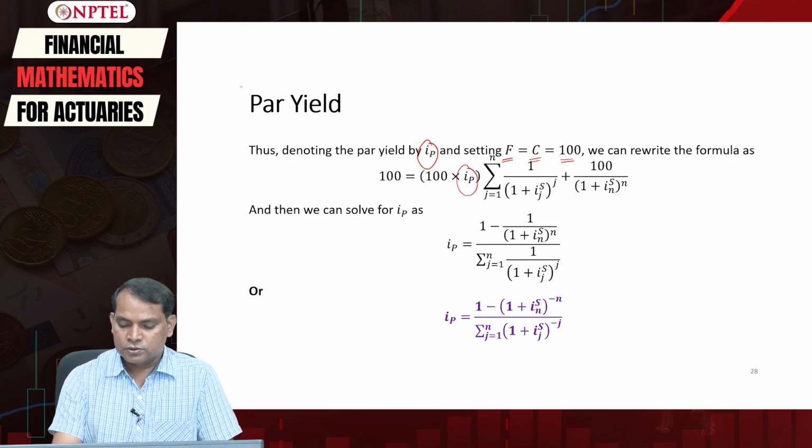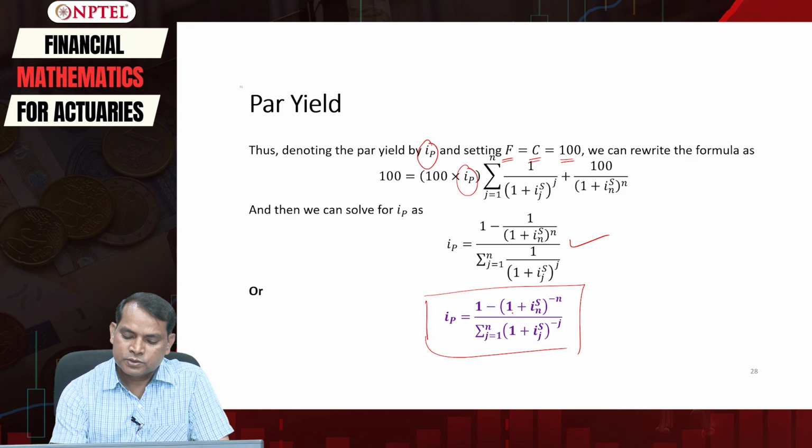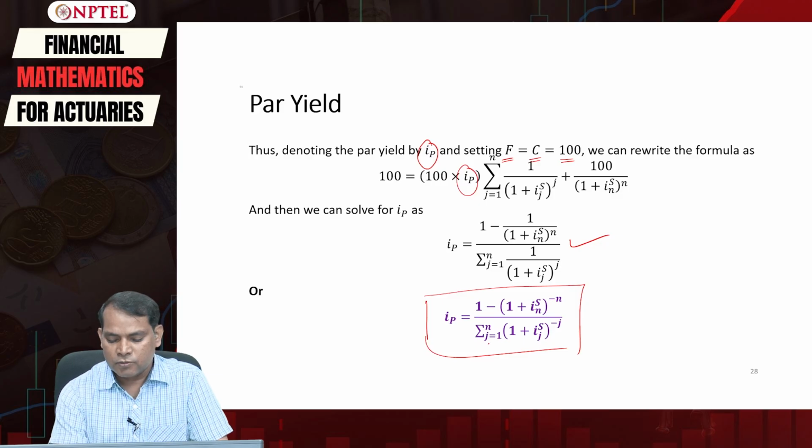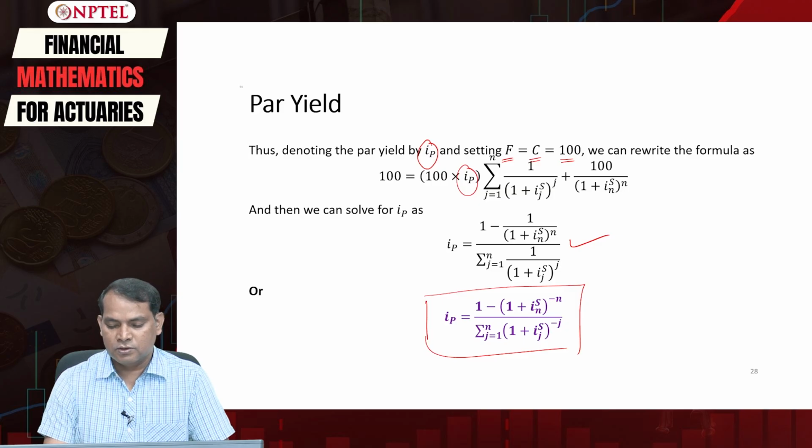So this equation can be written as: i_p is equal to 1 minus (1 plus i_n) to the power minus n, divided by the sum of (1 plus i_j) to the power minus j. So this formula will become the formula for the yield, or par yield, when the bond is sold at par.